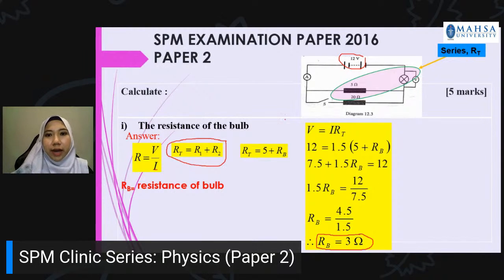That means you have only one way direction, so you have only one value of current. The connection of the resistor with the bulb is a series connection, and the resistance of your bulb is 3 ohm.